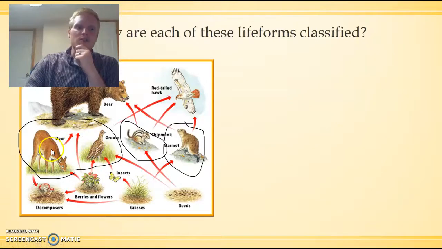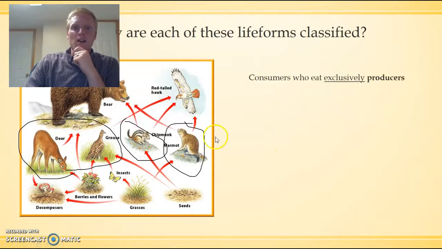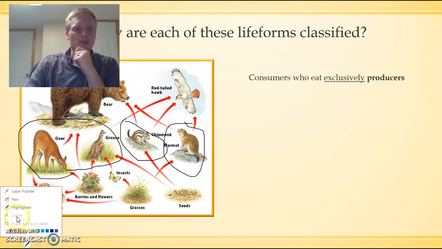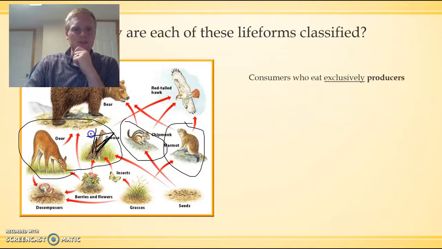So we have a special word to describe these life forms that eat our producers: consumers who eat exclusively producers. These are consumers who eat only plants, like this chipmunk. All he eats is the seed. The grouse, I suppose, eats the insect, so he wouldn't qualify for this. But the deer absolutely would. Let me draw a little X over the grouse, so don't consider him when you consider this stuff right here.